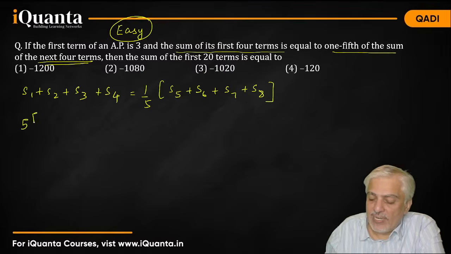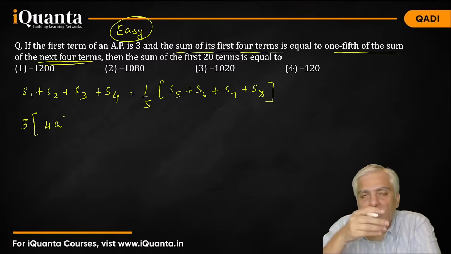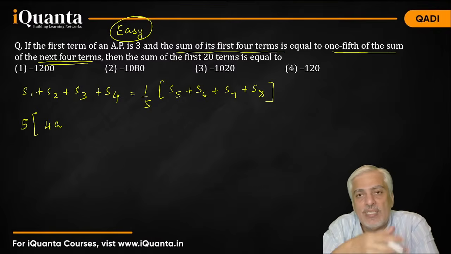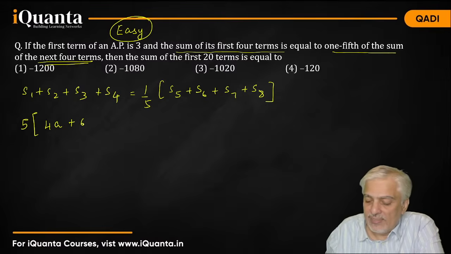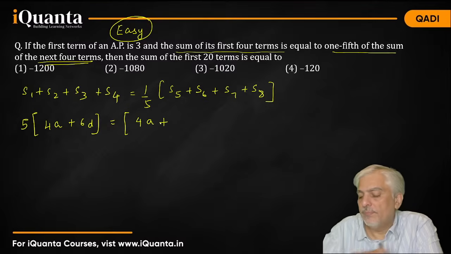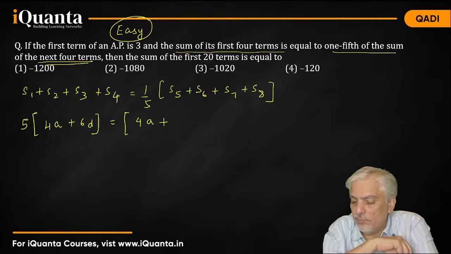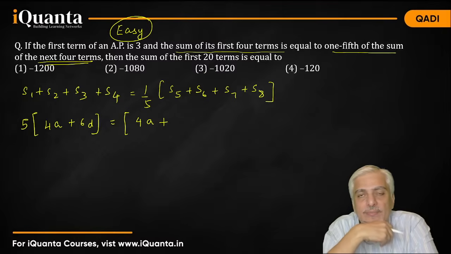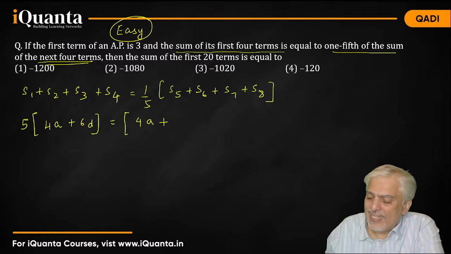So 5 times, this will become 4A. If I take S1 as A, then A plus D, A plus 2D, A plus 3D, plus 6D will also be equal to 4A plus 4, 5, 6, 7, 4, 6, and then 26D.